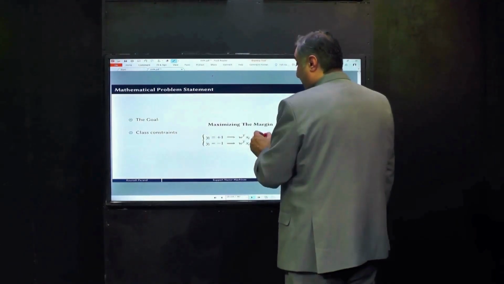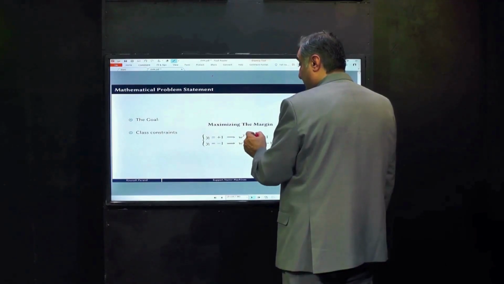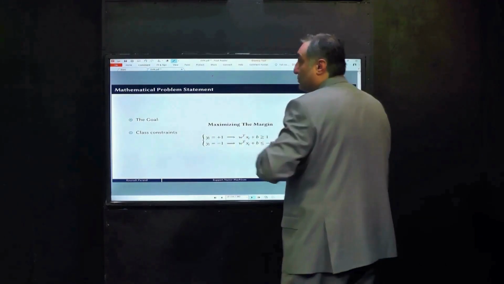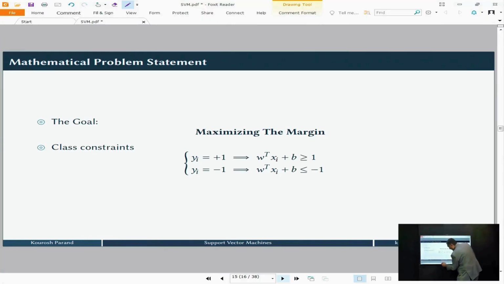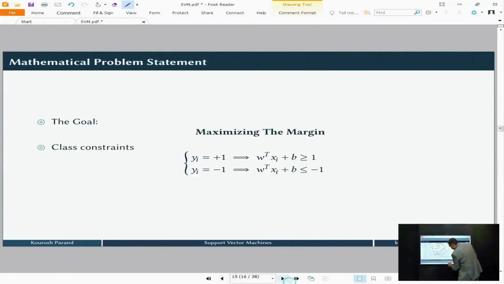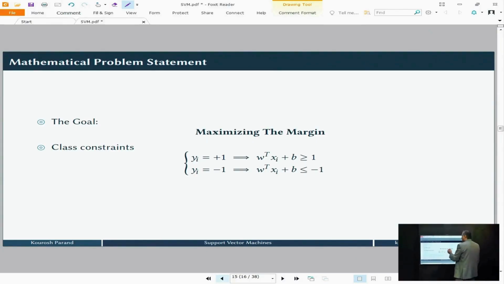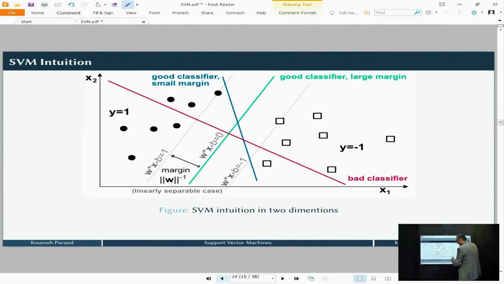As I mentioned, in this space you see here, W transpose X sub I plus B is greater than or equal to 1 here. And W transpose X sub I plus B is less than or equal to -1 in this part, okay.